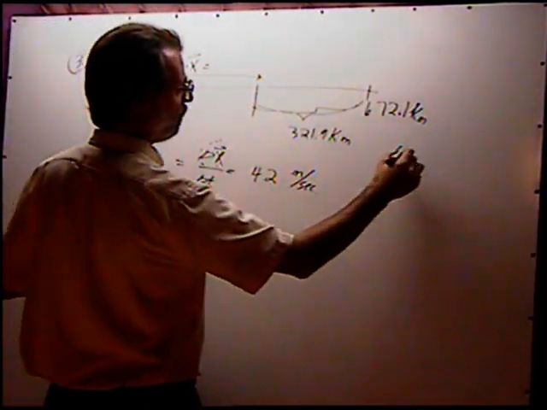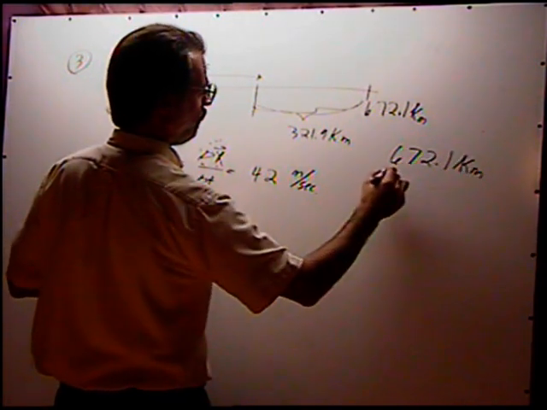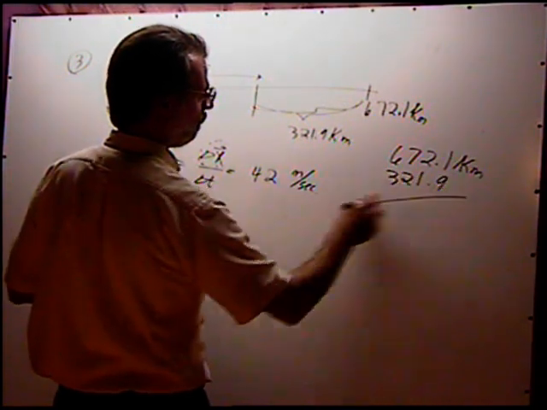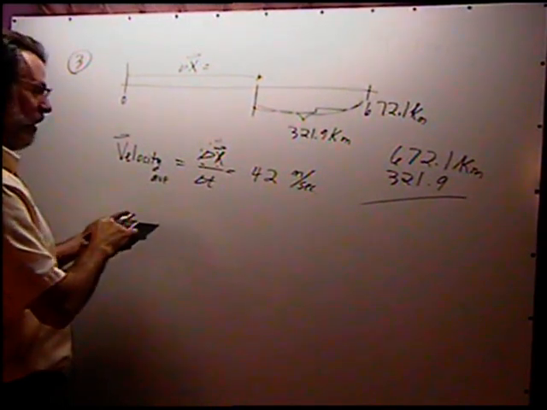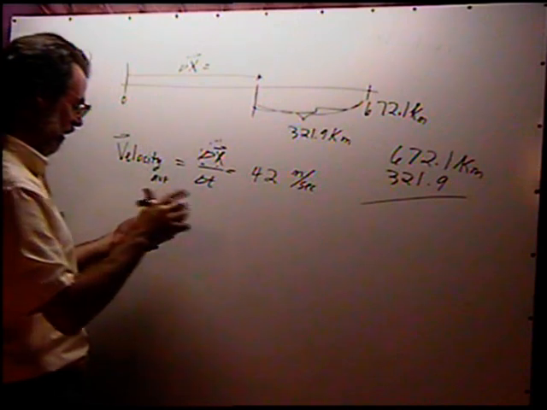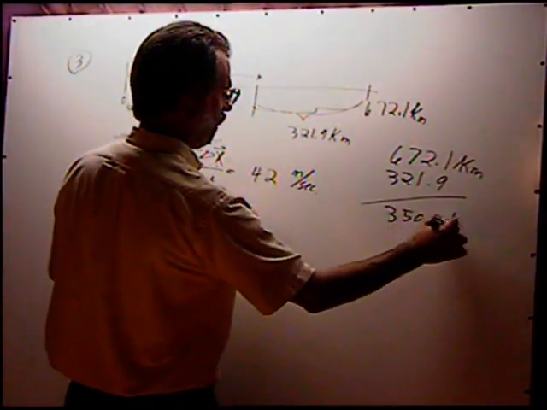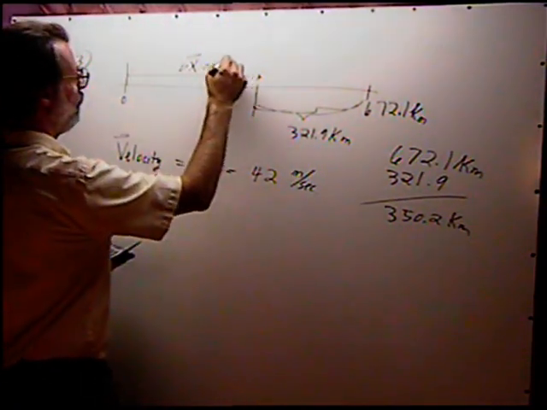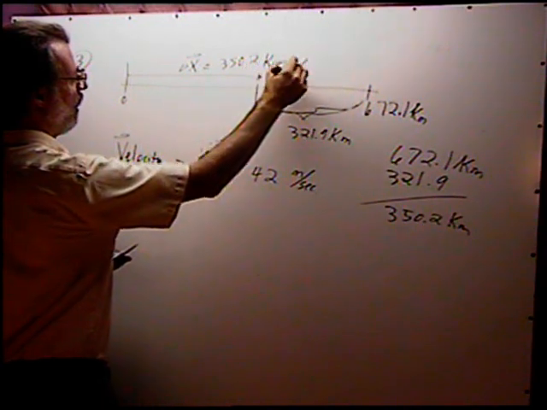So it'll be 672.1 kilometers minus 321.9. Okay, 672.1 minus 321.9, and we get 350.2 kilometers. So this displacement is 350.2 kilometers in the plus x direction.